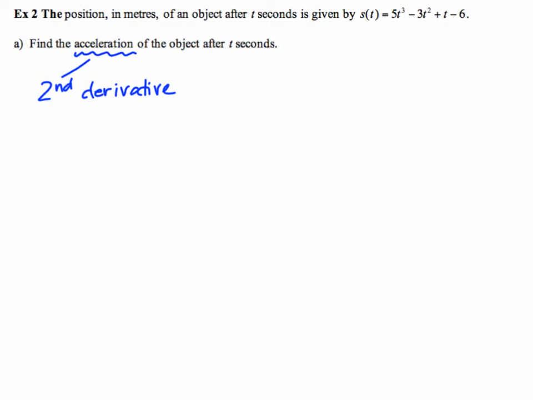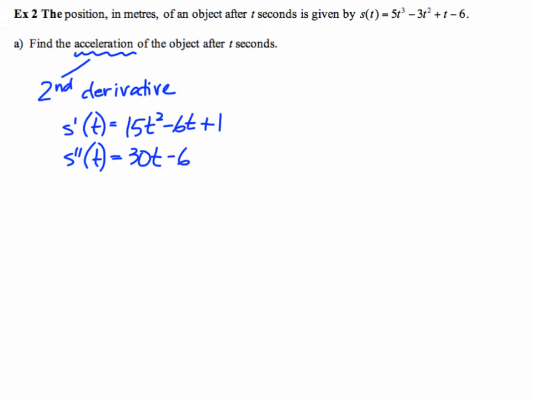The first derivative is velocity, so s prime is 15t squared minus 6t plus 1, and taking the second derivative, which is acceleration, the equation equals 30t minus 6.